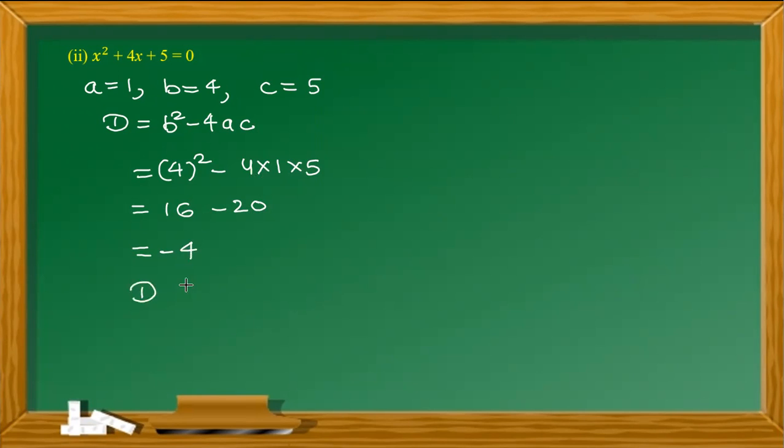So that means D is less than 0, that is negative. And when D is less than 0, we say that real roots do not exist. Or in other words, we can say it has no real roots.